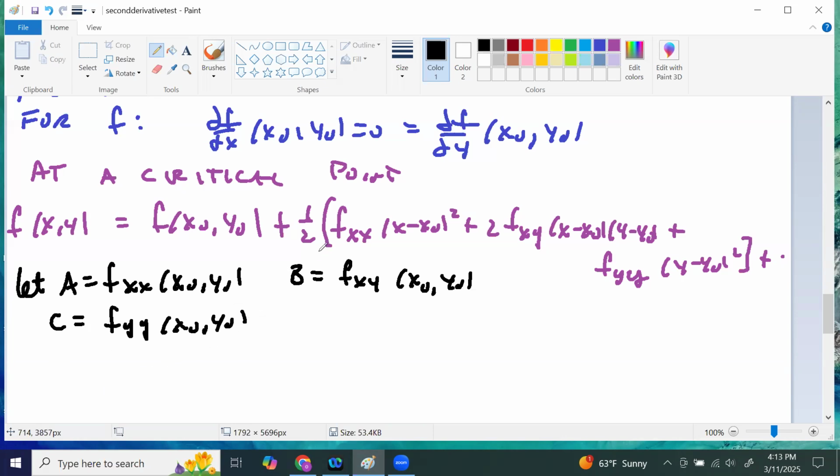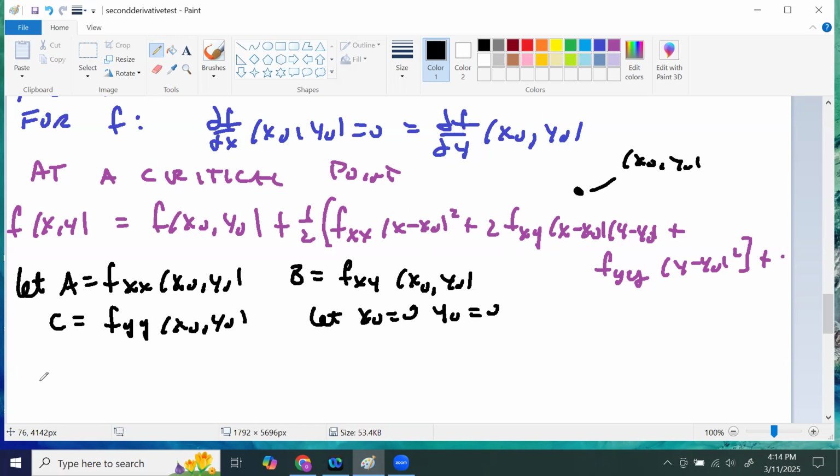And I'm going to ignore this here because it can always be subtracted off. And just for the sake of argument, I'm going to let x naught equal 0 and y naught equal 0. That's easy to obtain by a very easy change of variable. You just take your x naught, y naught, and subtract that off to turn it into a 0.